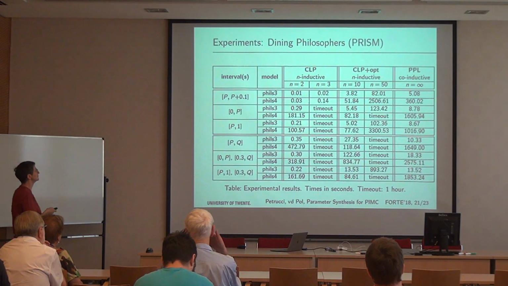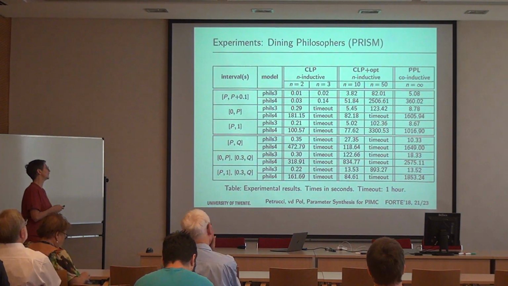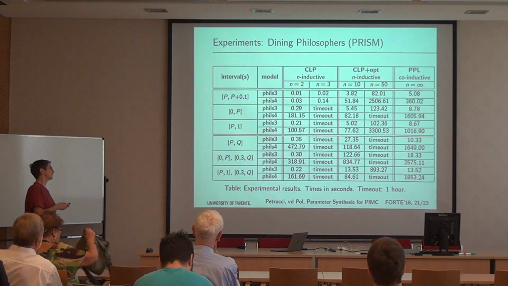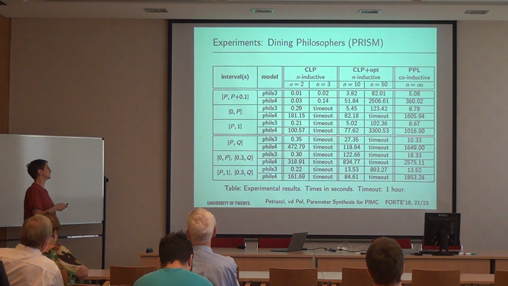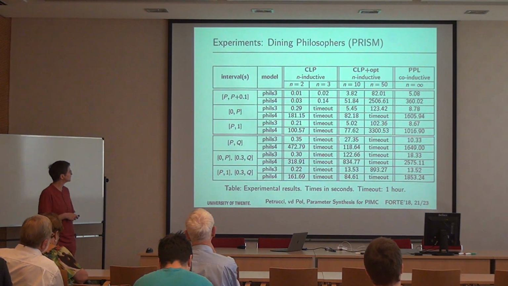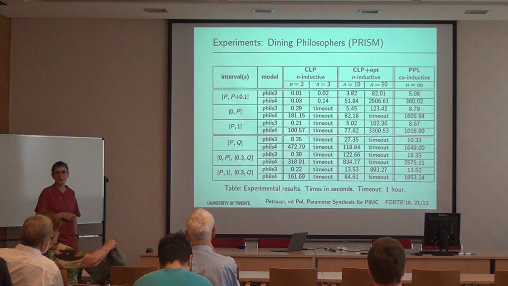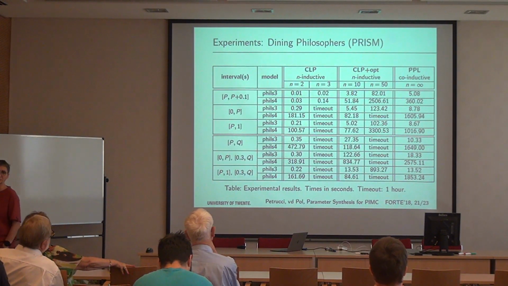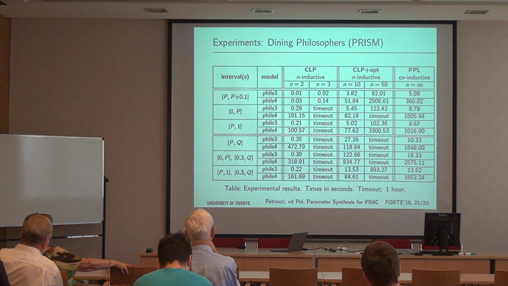So without optimization, we can look at n consistency for n equals 2 or n equals 3, whereas with optimization we can go to n equals 10 or even n equals 50. There is a timeout that was set to 1 hour in these experiments, and you can see that there are quite a few timeouts in the first case for n equals 3, and in the second case for n equals 50.